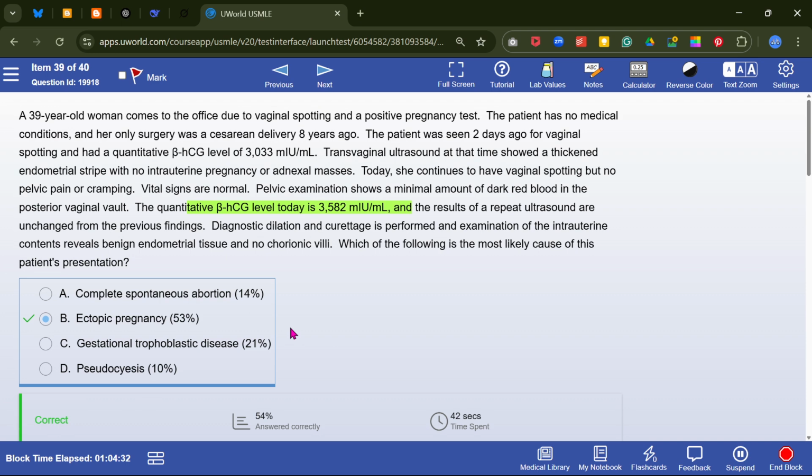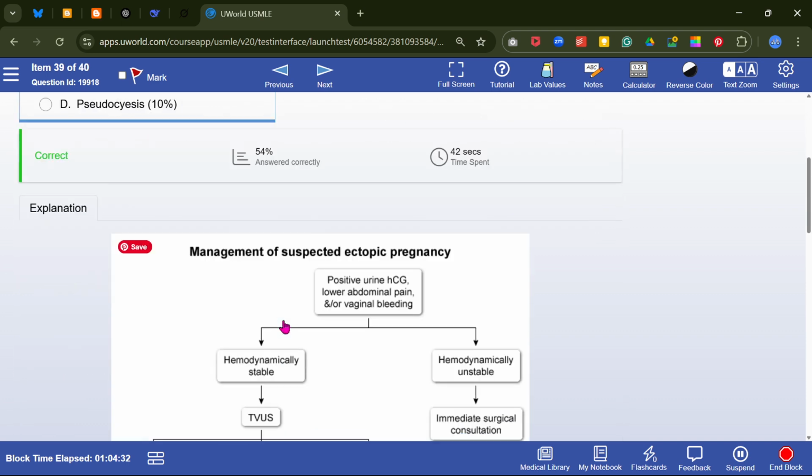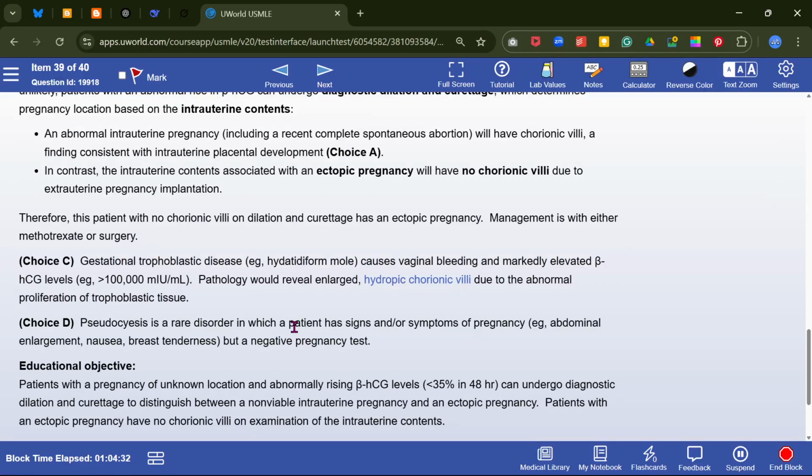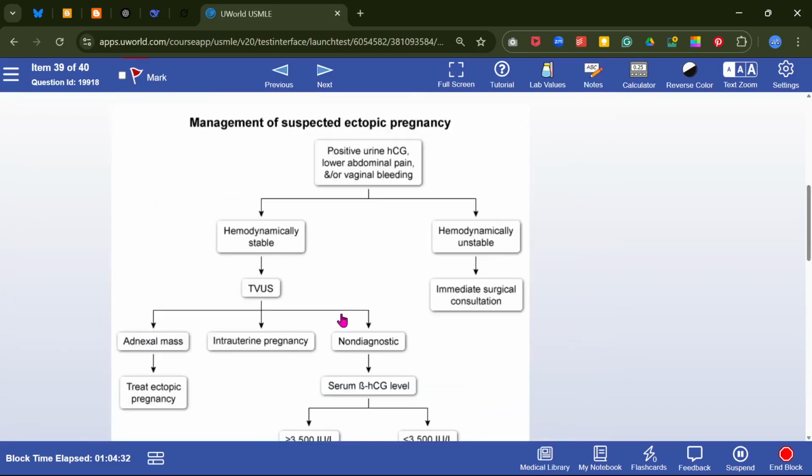If there is chorionic villi, then it would be GTD, like gestational trophoblastic disease, like hydatidiform mole or choriocarcinoma. And in here, beta hCG would be very high. Okay.